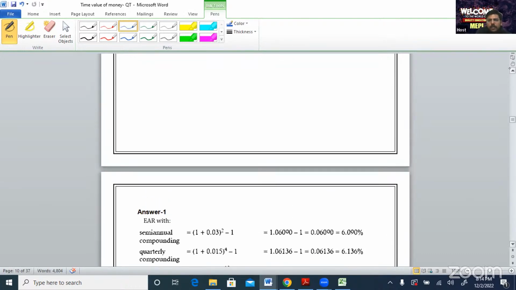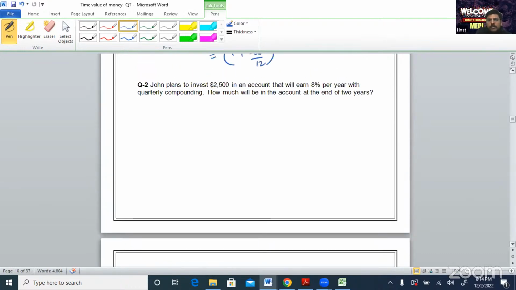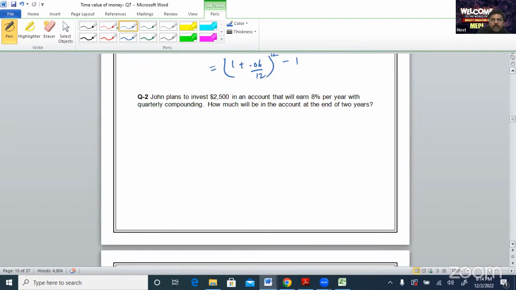Now please solve question number two. First we have to identify whether it is a single cash flow, or a case of multiple uneven cash flows, or an annuity. Then it becomes easy, and it is better if you draw a timeline.